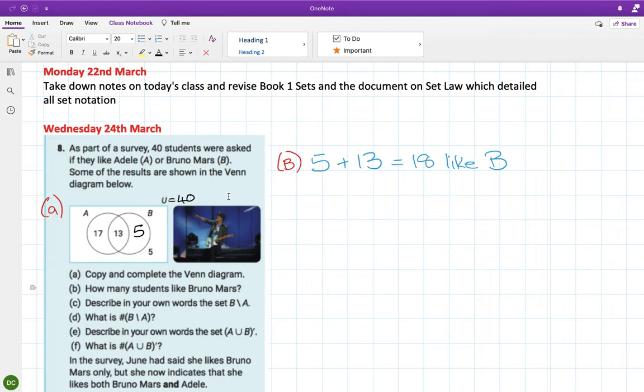Okay, C. Describe in your own words the set B less A. Okay, so B less A, we start at B, there it is there, and we remove anything that's in set A. So what we're talking about is those 5 people.